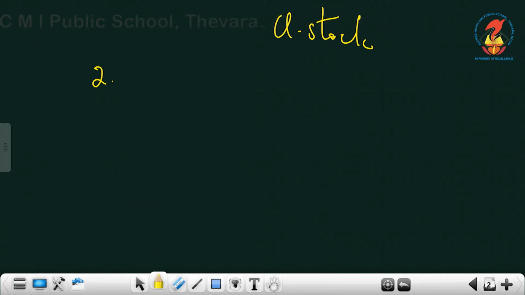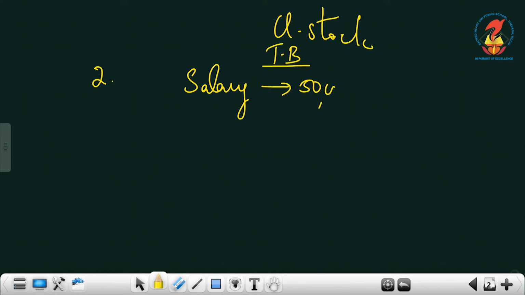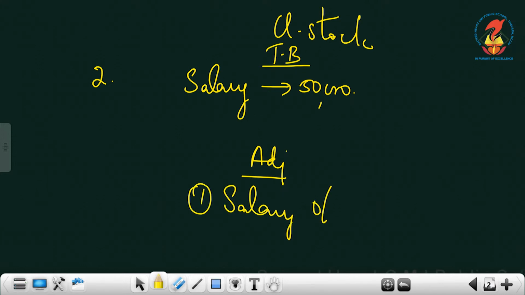Suppose salary is given inside the trial balance like 50,000, and as an adjustment, outside the trial balance, it is given like salary outstanding rupees 20,000. This particular item, outstanding salary, is an adjustment, and this 20,000 you have to record 2 times.